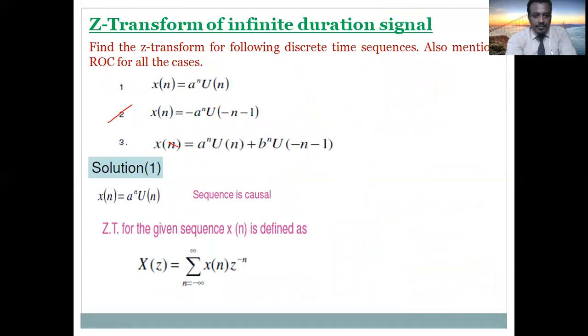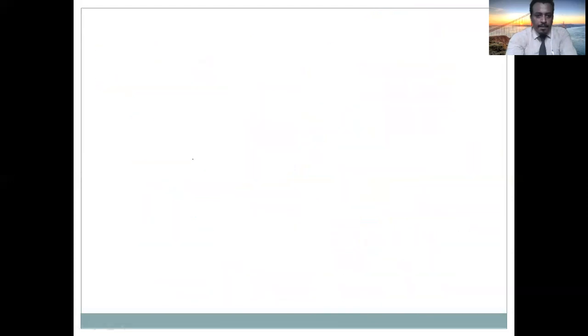Okay, let's see the third one. Now the given sequence x of n is equal to a raised to n u of n plus b raised to n u of minus n minus 1.